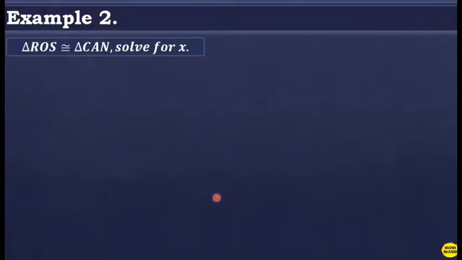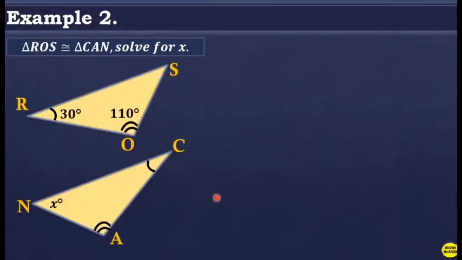Let's have another example. So I have here triangle ROS is congruent to triangle CAN. So this angle is congruent to this angle, kasi as you can see, they have the same markings.